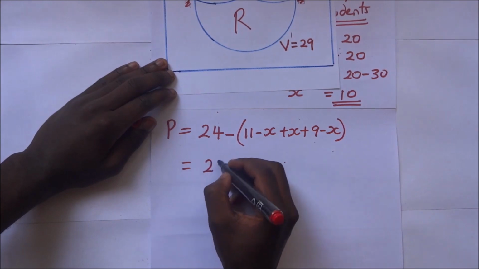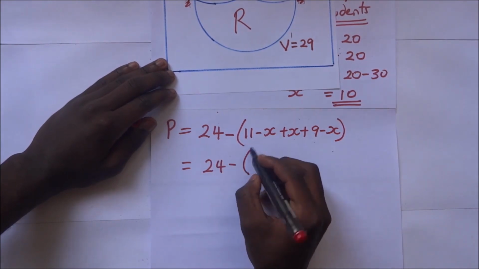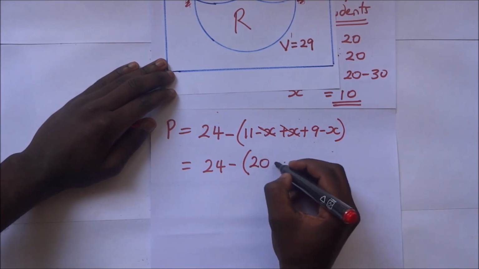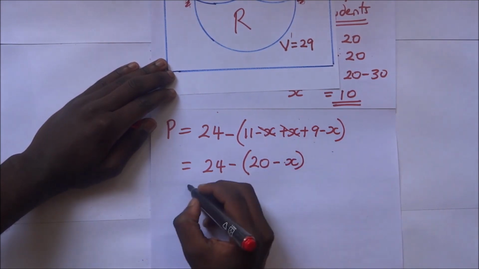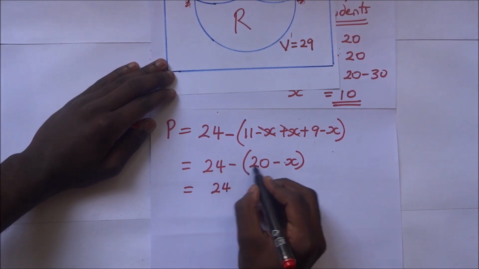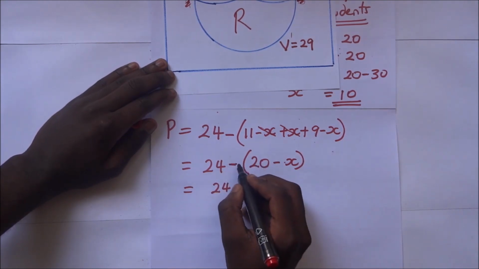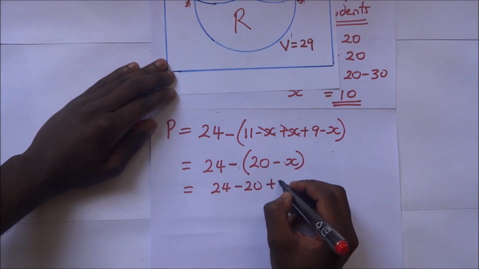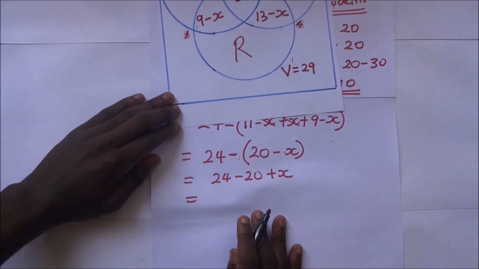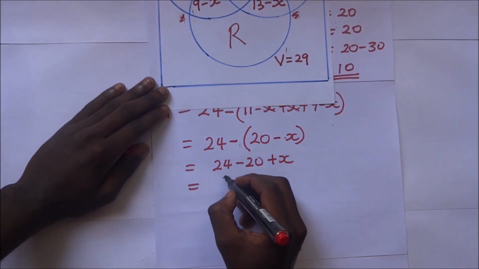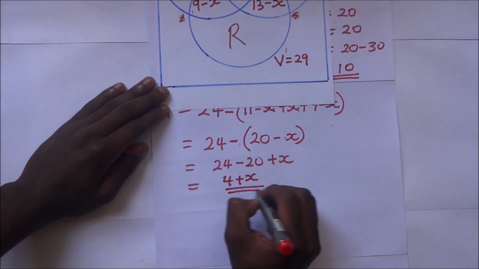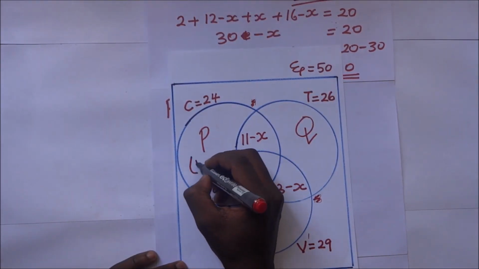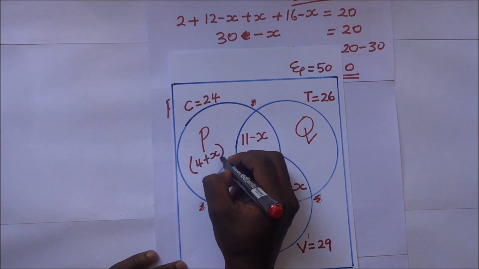And that's going to be 24 minus, this and that will go, so we have 20 minus x. So this will become 24 minus (20 minus x). When we open brackets here, negative 1 times 20 is minus 20, and negative 1 times negative x is plus x. We shall remain with our value of P as 4 plus x. So P is 4 plus x.